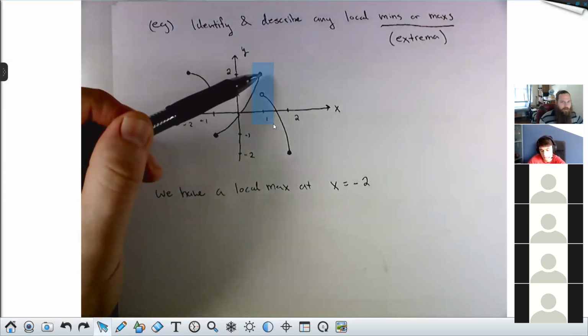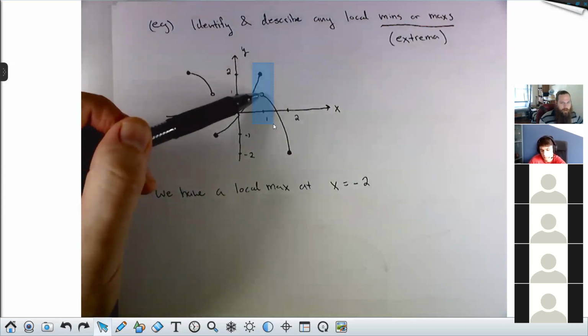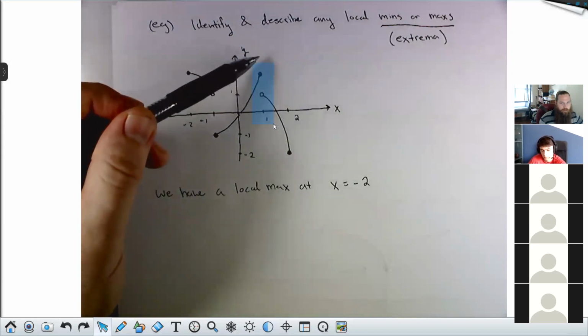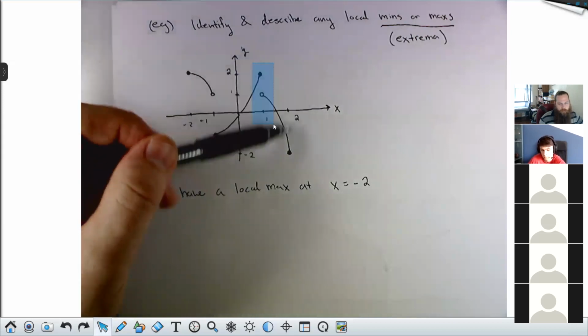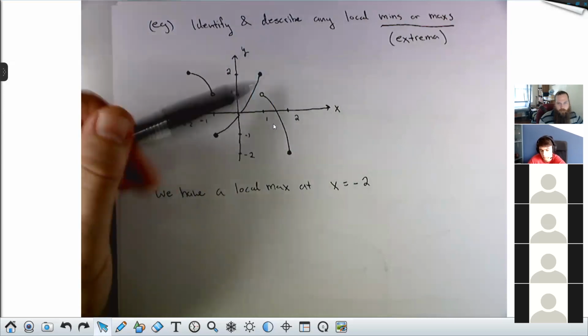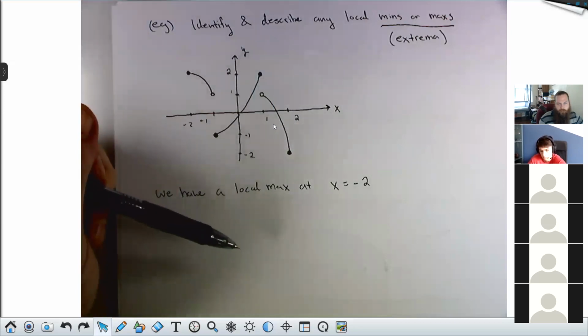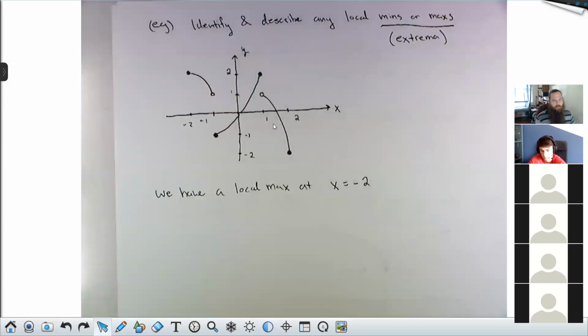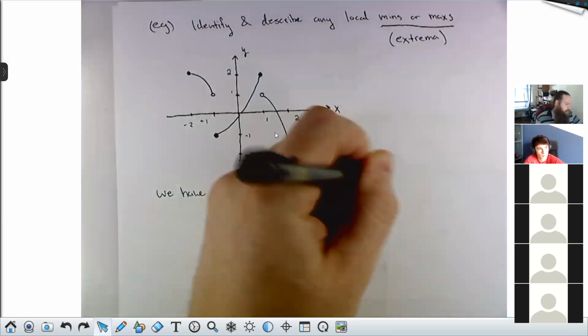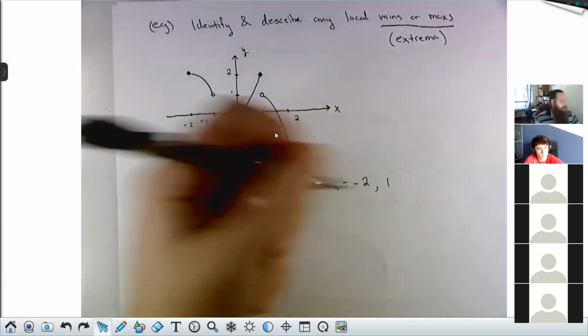If I took this guy and moved it up here, so there was an open circle and then he dove down like that, that would no longer be a local max. But as it's drawn, the filled in point at x equals 1 is the tallest point in that window. So we have a local max at -2 and 1.